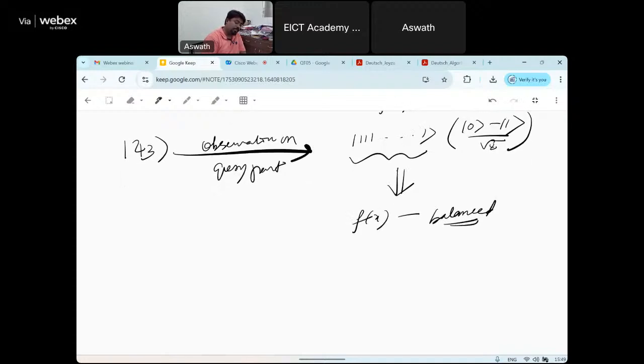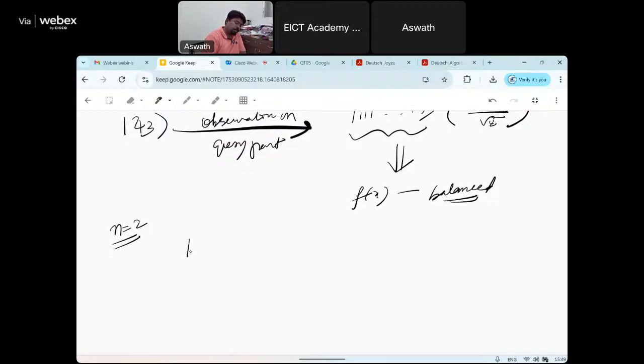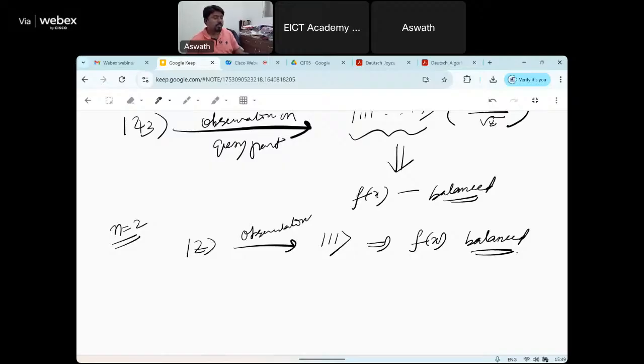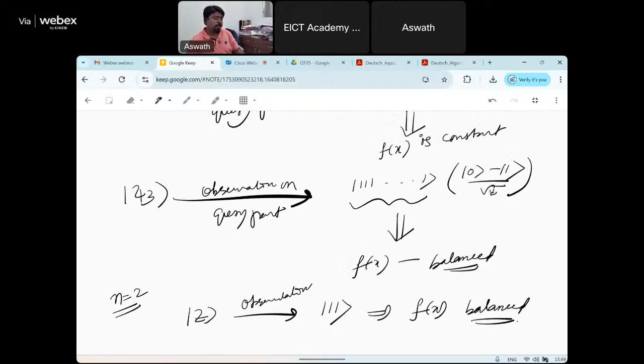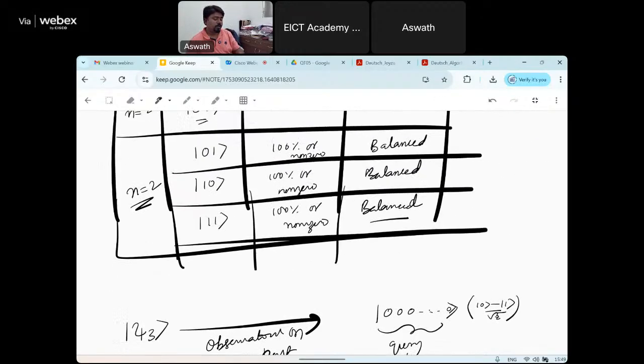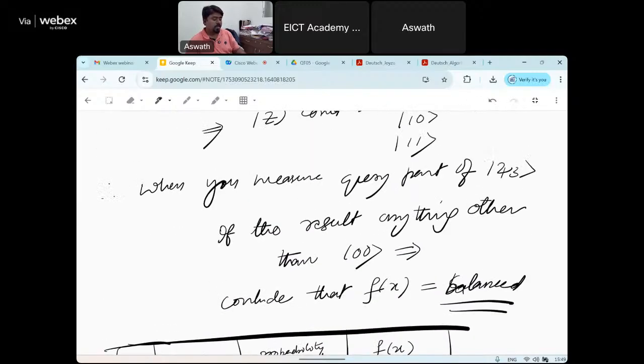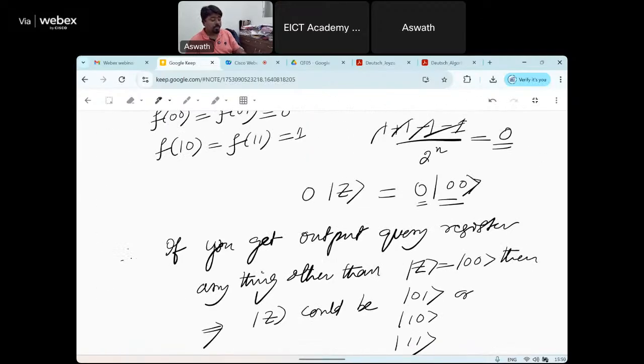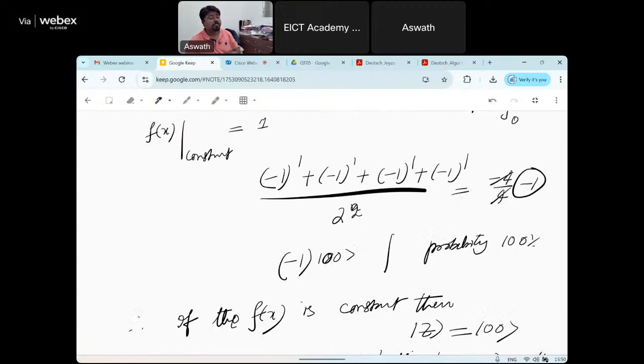What is that case? It is for n equal to 2, if Z falls to 1 1 after the observation, it implies f of x is balanced. We just saw that. So that is a simple technique Alice is going to use to find the function Bob is using in the first place.